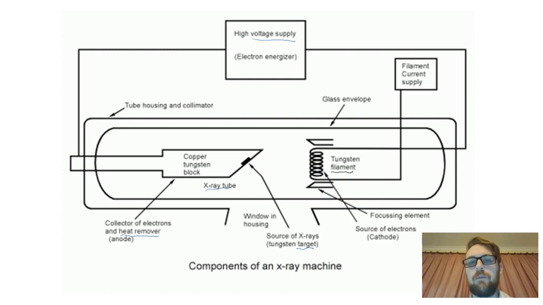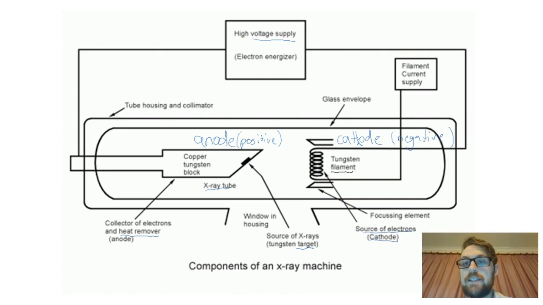We call this the target, we call that the anode, and we call this the cathode. The anode is positive, and the cathode is negative. The cathode to start with is the source of electrons.